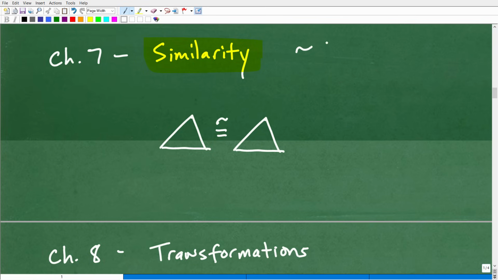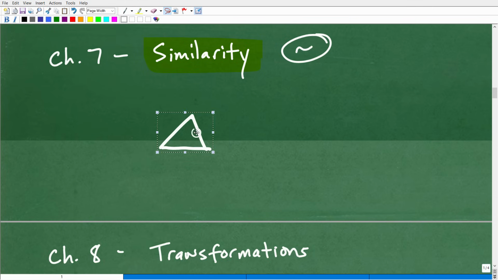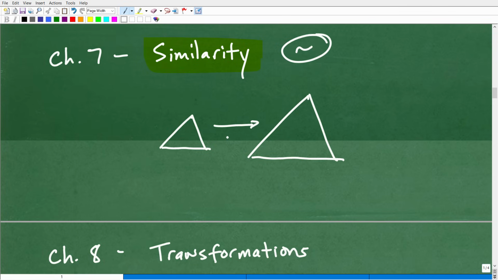However, in this particular chapter, you're going to be dealing with similarity, and similarity is a different deal. Similarity is kind of a zoomed in or zoomed out copy of that figure, okay? So if you are given one figure and you zoom in, or if you're given one little figure and you zoom out, vice versa, this is similarity, okay? So similar figures have the same angle measure, and their respective sides are in proportion.